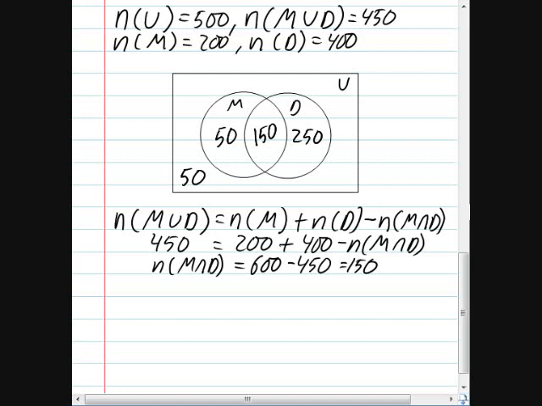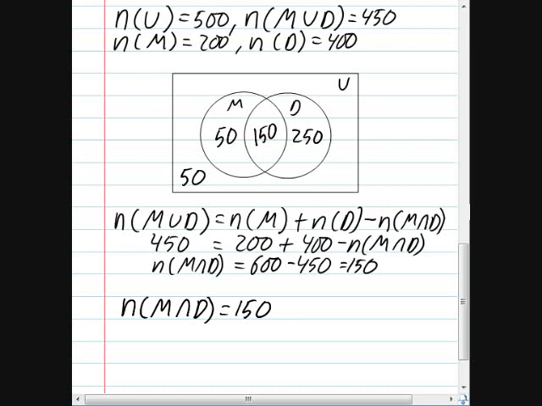Notice that in the process of filling in this Venn diagram, we answered the question we wanted to answer. The question we wanted to answer originally was, what's the number of people in M and D? The number of people that go to the movies and go out to dinner at least once a week. The answer was 150.